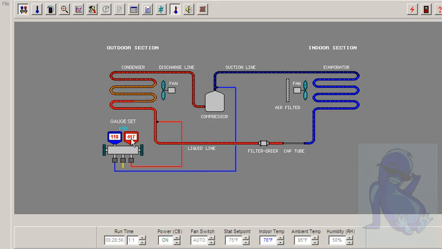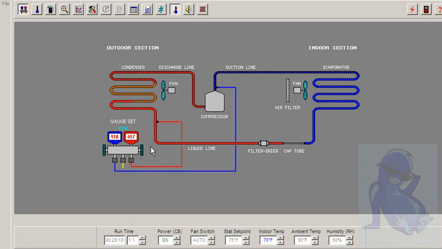It's also interesting to see that on the high side you've got over 400 psig, so make sure your system is brazed in nice and tight so that it can handle those pressures. If you have your temperature pressure chart handy, you can convert these pressures into their corresponding temperatures.